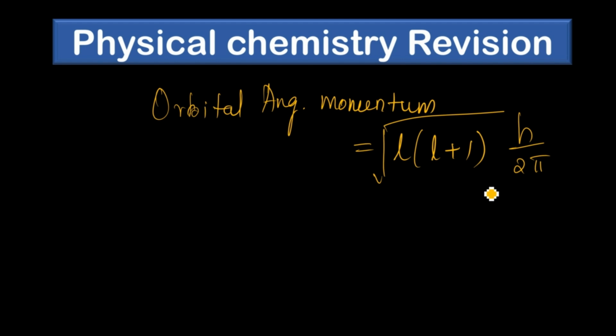Then the rules for filling the orbitals, we know. Aufbau principle, where they are referring to this kind of snake structure, you might have seen this, right? Then the n+l Bohr-Bury rule: the subshell with the lowest n+l value should be filled first.